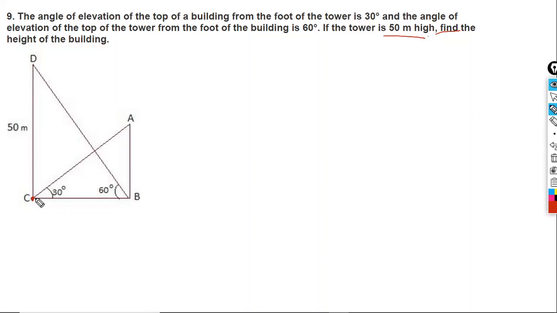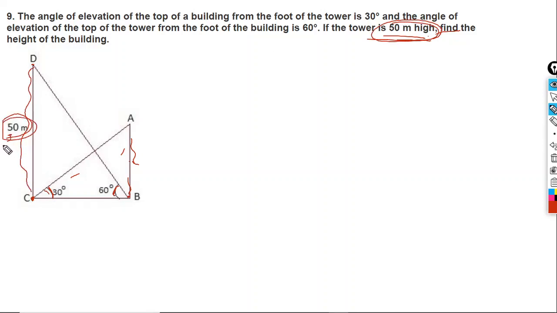The angle of elevation from the foot of the tower to the top of the building is 30 degrees, and the top of the tower from the foot of the building is 60 degrees. So we have two angles of elevation. The tower is 50 meters high, so its length is given as 50 meters.